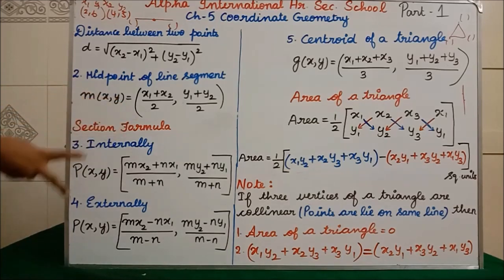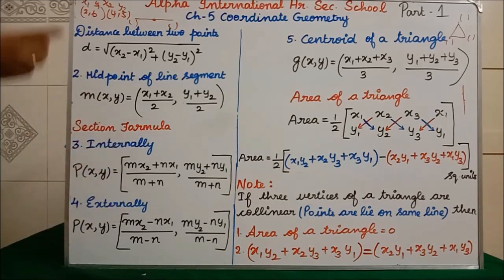Next, the third one is the section formula. In the section formula, we have two cases: one is internally and another one is externally. Internally means it divides the line in the ratio m is to n. Similarly, externally means it divides in the ratio m is to n.